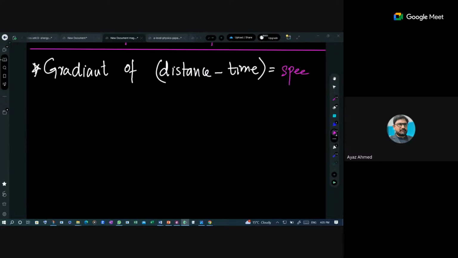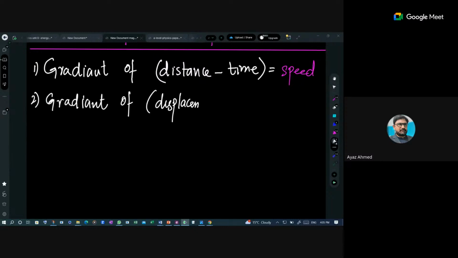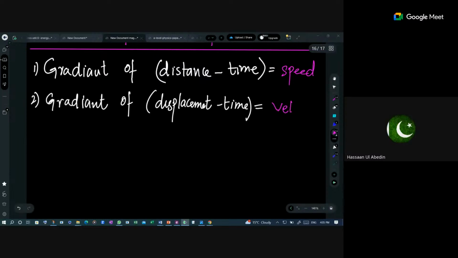The gradient of a distance time graph equals speed. Okay. Secondly, note down that the gradient of a displacement time graph, if mentioned, otherwise in your syllabus displacement time graphs are very rare, most of the graphs are distance time graphs, gives you velocity.